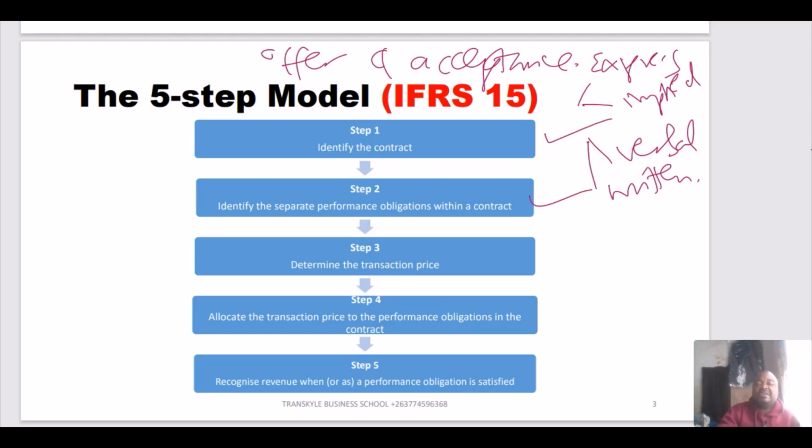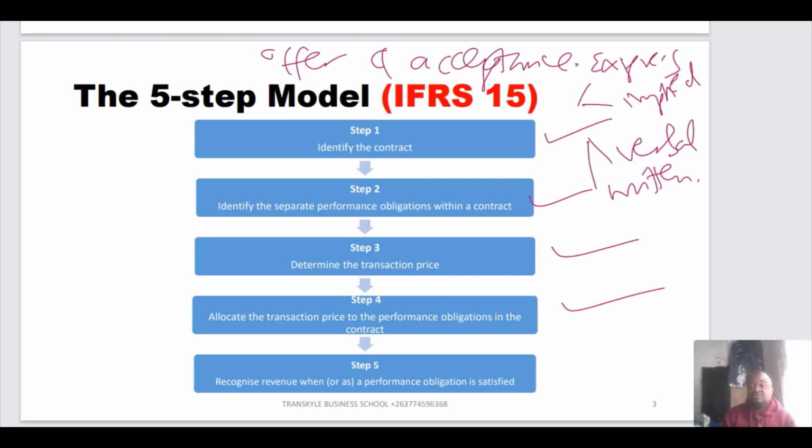Then step number 3 is determine the transaction price. You need to determine the transaction price, and you need also to know what the transaction price is. So by the end of this video, you will be able to understand what the transaction price is. Step number 4 is allocate the transaction price to the performance obligations in the contract.